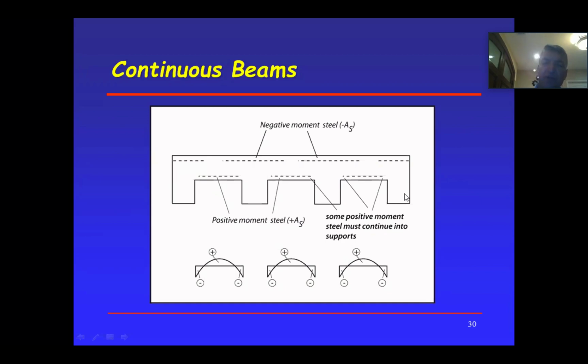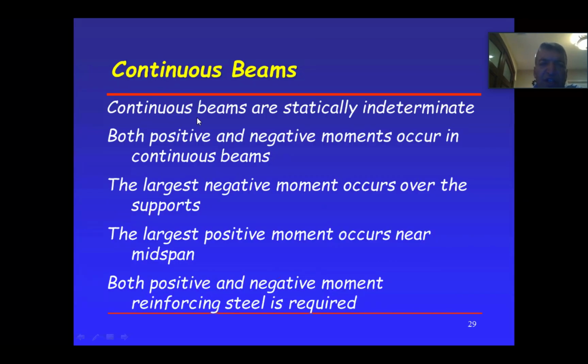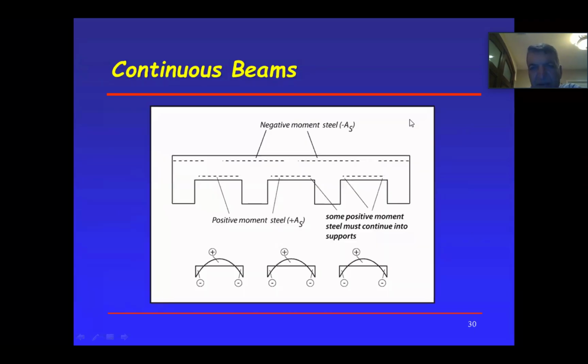Well, guess what? When we design the slab, it looks exactly the same. This could be the slab sitting over the floor beams. Remember, in the T-beam we covered that. So continuous beams are statically indeterminate. Absolutely. Because remember 359, structural analysis was for determinate structures.